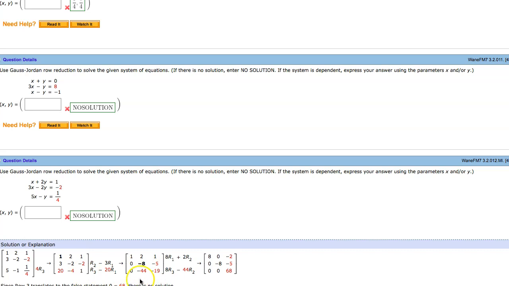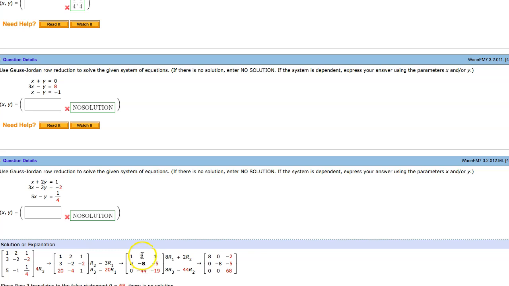Okay, now that's good. We've got 1, 0, 0, and that's all good and well. Now here's the dig. What I need to do now is get rid of this. The strategy is to get a 0 here and a 0 here.